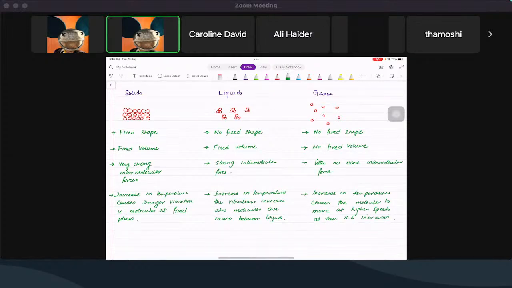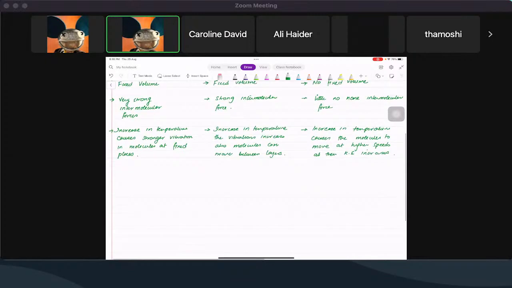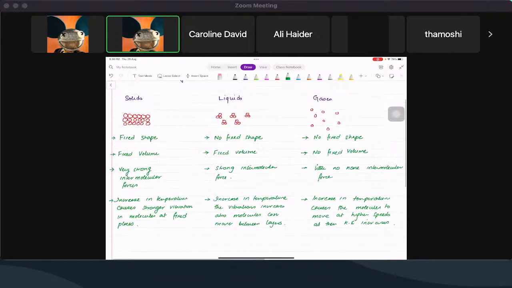Okay, now, what you guys basically must remember is that when you go from a solid to liquid, this process is called melting.